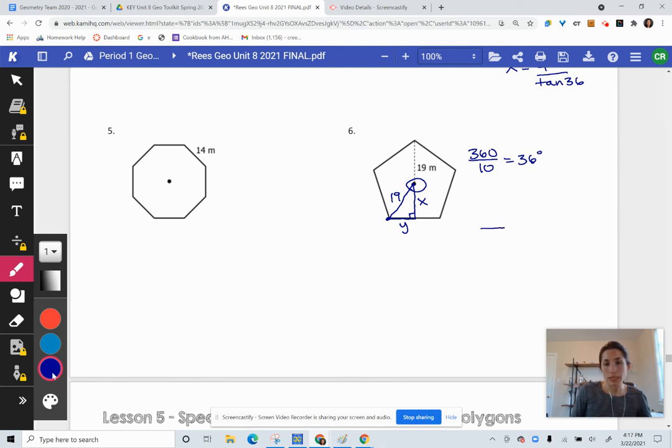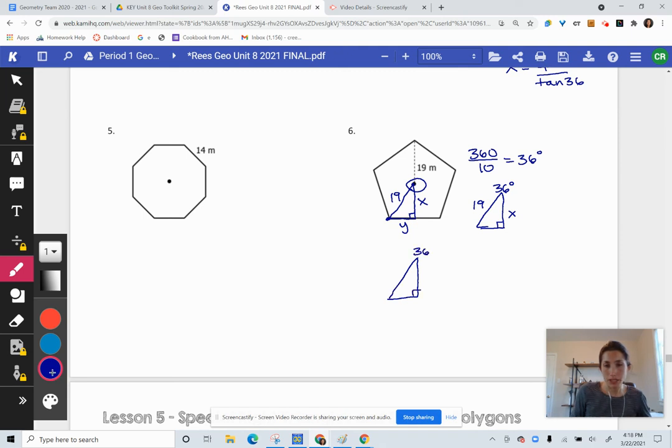Now when setting this up, I would set up and solve these separately. In the first problem here, we've got 36 degrees, we've got 19, we've got x. So figure out, is this a sine ratio, a cosine ratio, or a tangent ratio? And almost think of that as a separate problem from here with y.